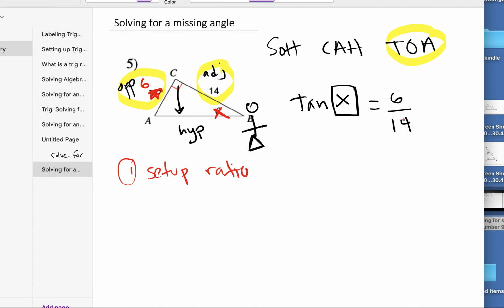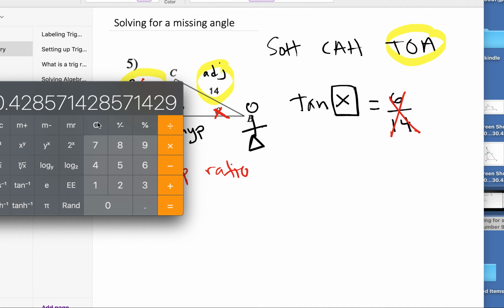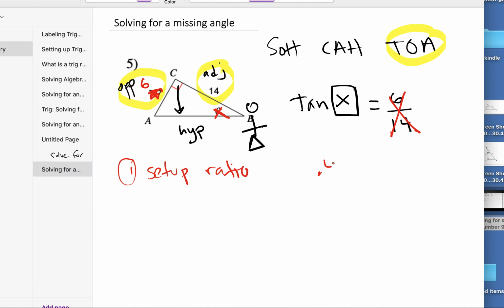We would like to turn this into a decimal. So I'm going to take my calculator and divide, 6 divided by 14. It's 0.42857.